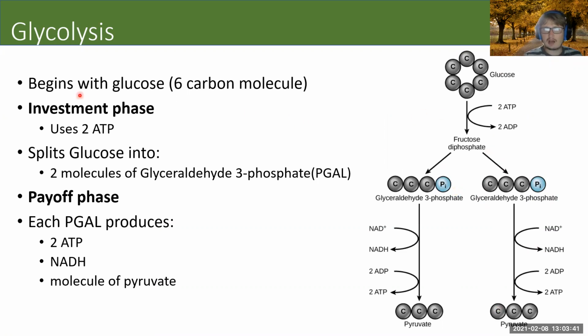So glycolysis in the cytoplasm begins with a glucose molecule. Remember, glucose is 6 carbons, forms a ring structure, and the process of glycolysis actually uses 4 ATP molecules. So 2 ATP molecules are used to split glucose into glyceraldehyde 3-phosphate, which is shown here.